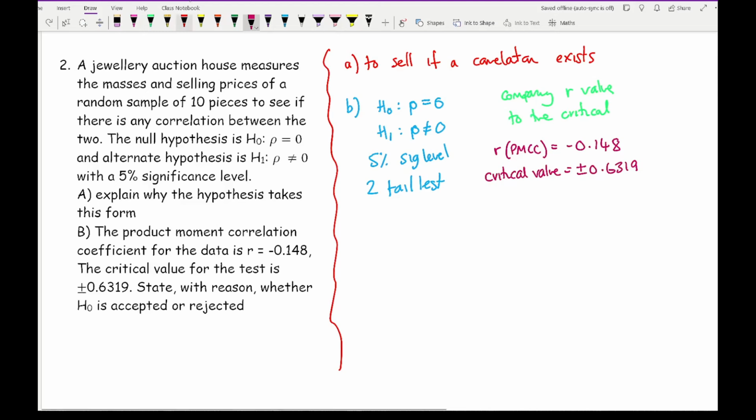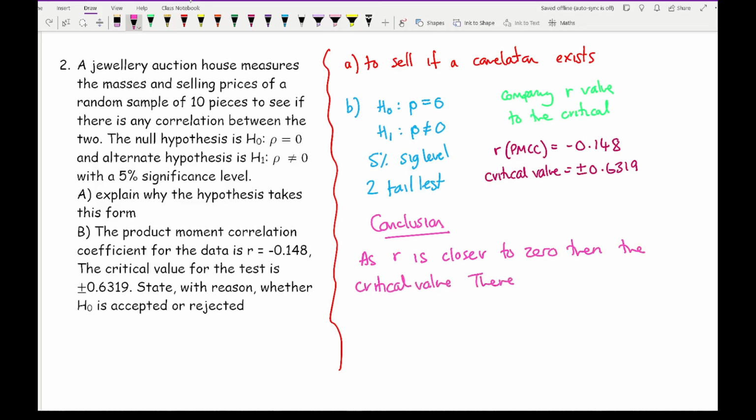So in terms of my conclusion, let's write this. In terms of the actual conclusion, what we state is that as R is closer to 0 than the critical value, there is insufficient evidence at 5% sig level to reject H0.